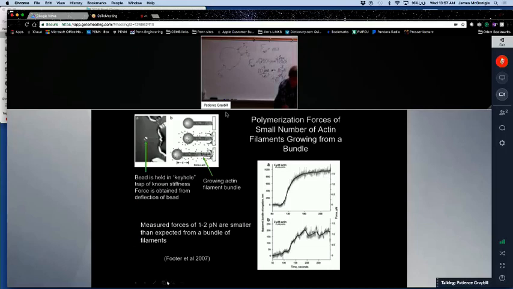If you look at this curve, eventually, it hasn't touched yet. Now here it touches the obstacle, and then the force is generated. But eventually you only get like 1.5 piconewtons for all these 8 filaments. So it's kind of disappointing. The bottom line is that the theory says we should be able to generate really big forces by polymerization, and the experiments say maybe, but we're not sure exactly how well this works.